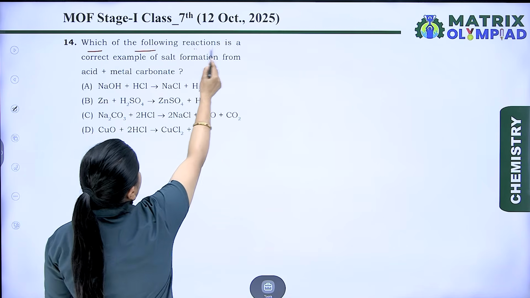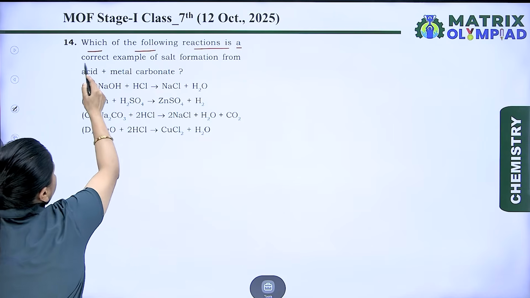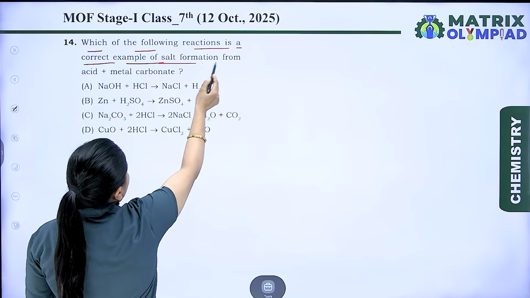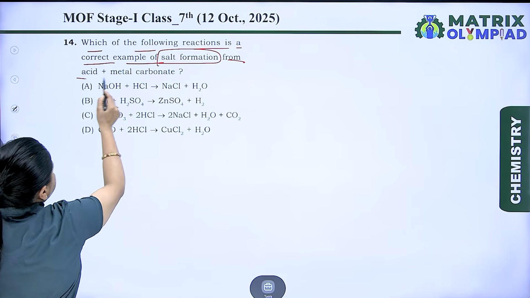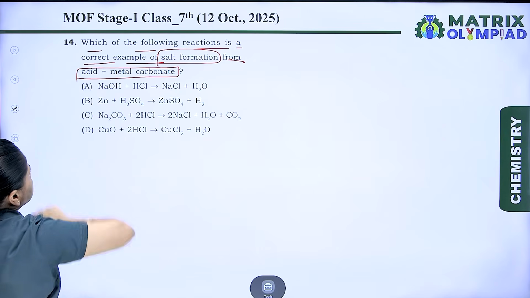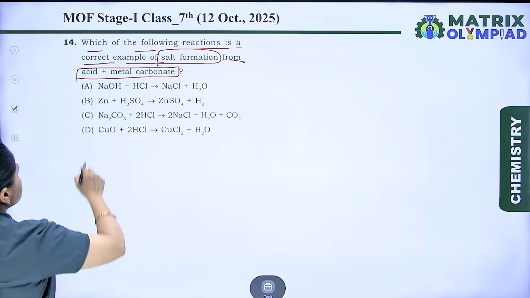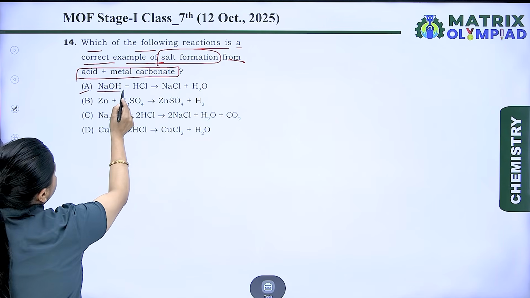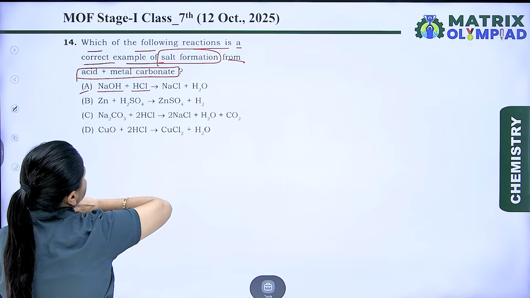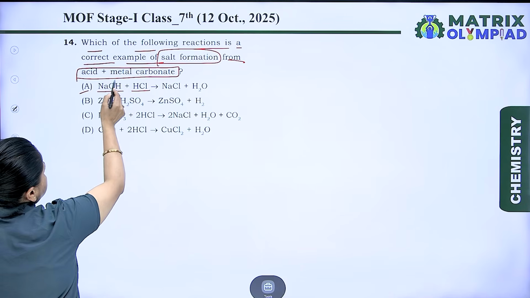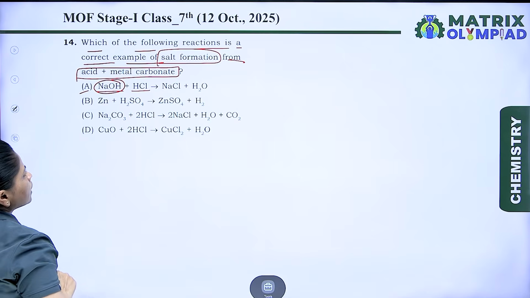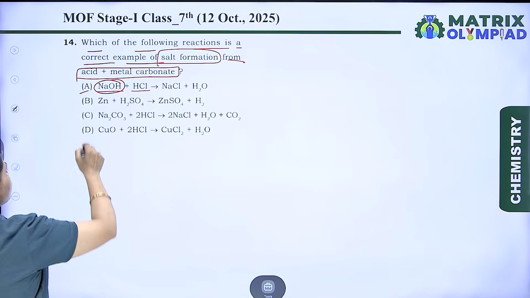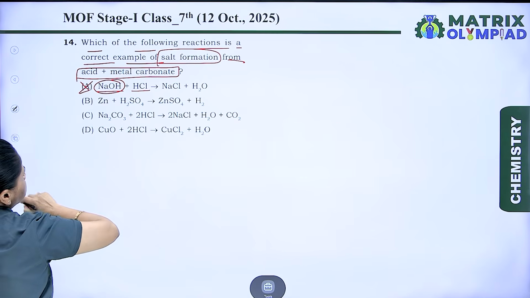which of the following reactions is a correct example of salt formation from acid and metal carbonates? Let's check the options. Option A is sodium hydroxide and hydrochloric acid. Now this is not a metal carbonate, this is a base, so option A is incorrect.